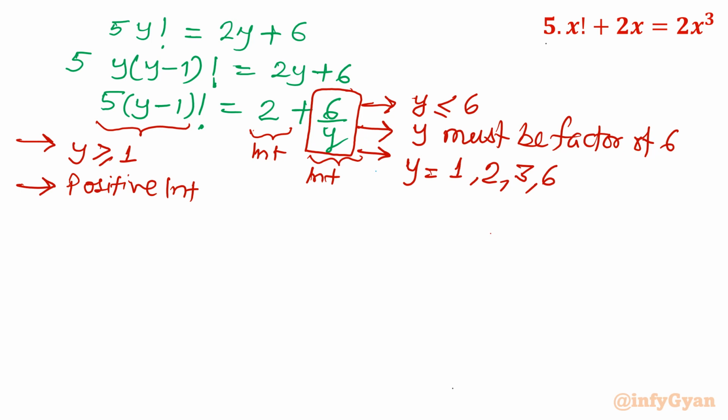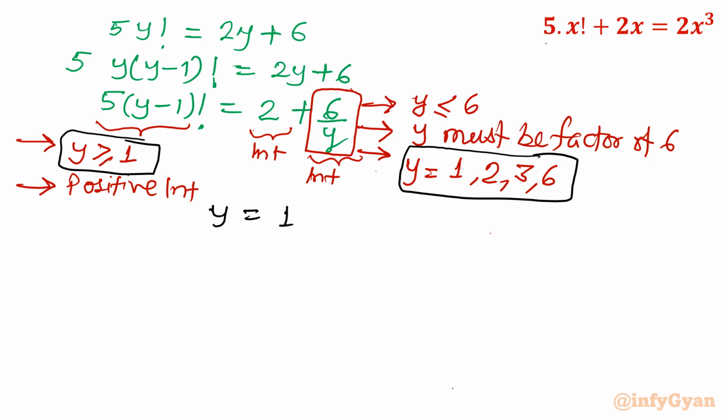If you club both, we have seen already the y equal to 1 case. So the overall conclusion is that we have to check only 4 values: y equal to 1, 2, 3 and 6. We have seen 1 already, so I can cancel this one. Let me check y equal to 2, 3 and 6.